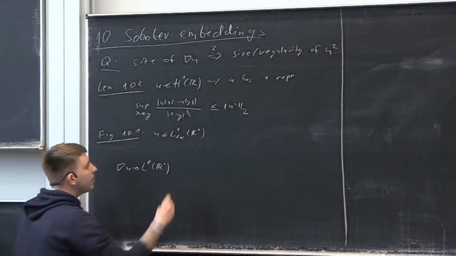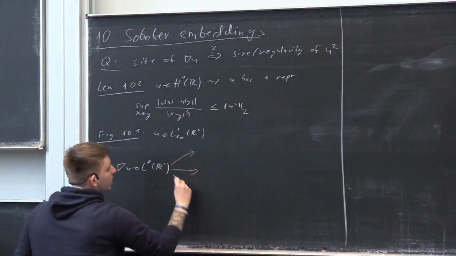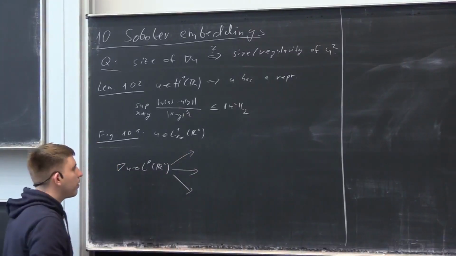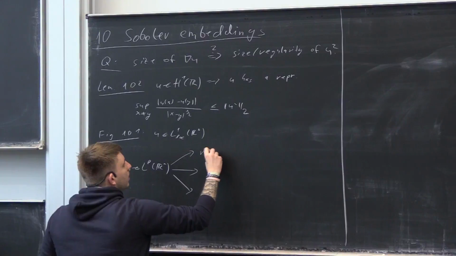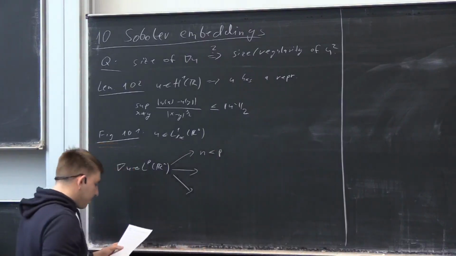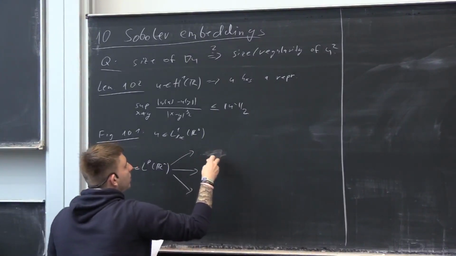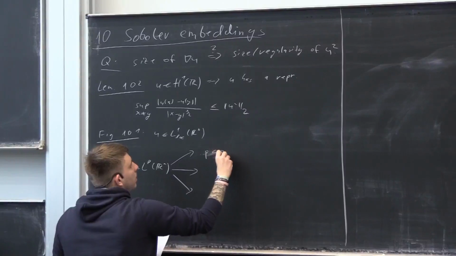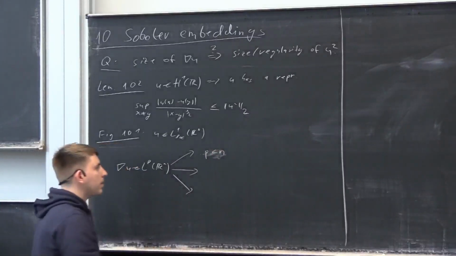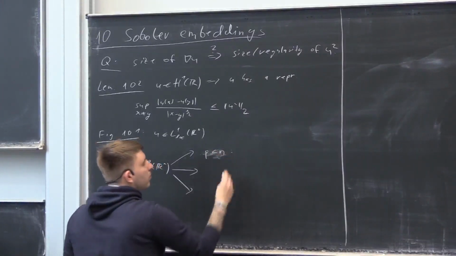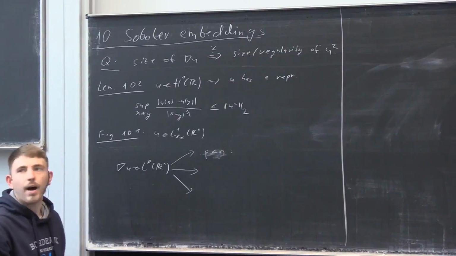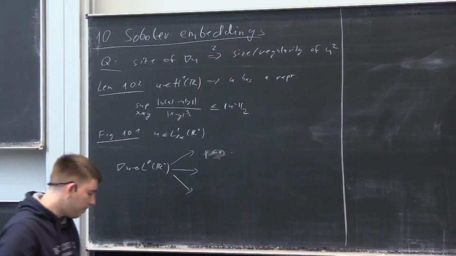And then we have 3 cases. The first case is that p is less than n. This is, so to say, the subcritical case, and there we get higher integrability of u.